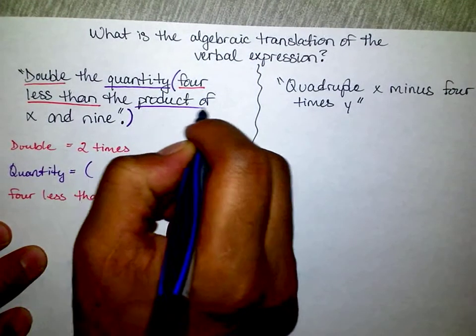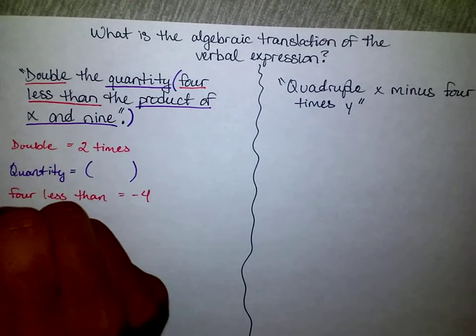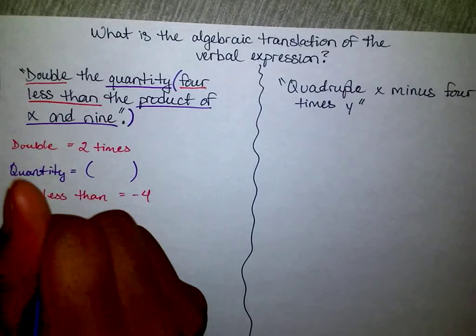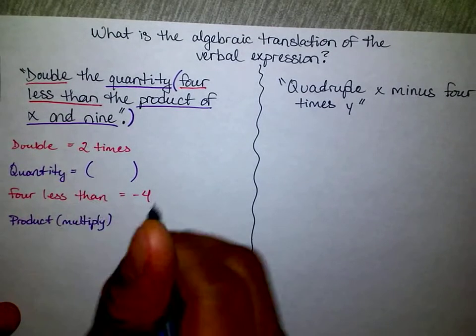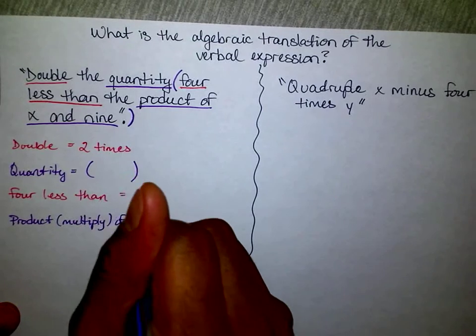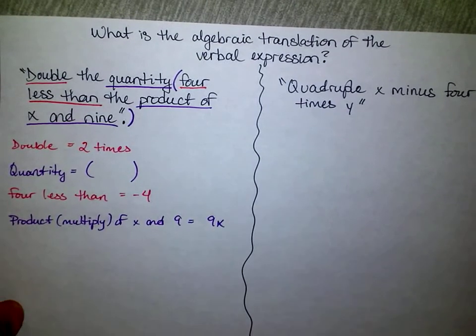And it says the product of x and 9. Product we know means multiply of x and 9, which equals 9x, or 9 times x.